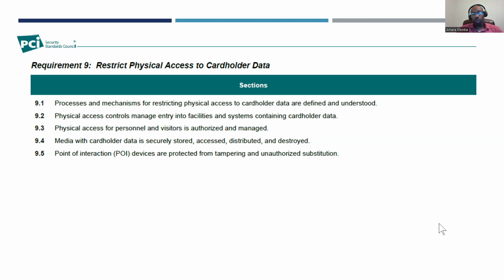So when it comes to the physical access controls for managing the entry of people into the facilities and systems containing the cardholder data, we want to make sure it's managed properly.